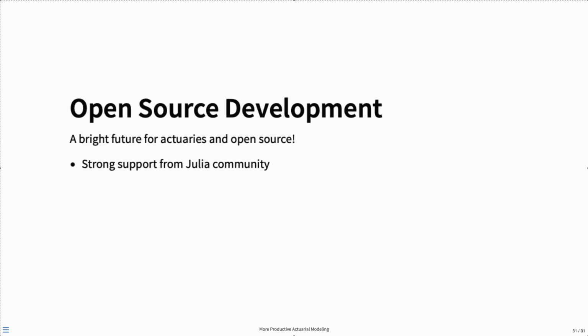There are a handful of us actuaries writing Julia, but there's also just very smart, very engaging, and very helpful people across the different ways to connect with the Julia community, whether it's forum or Slack or Zulip or other places you connect with people online. I already talked about how there's a growing number of actuaries who code, but I think that will just continue to grow.